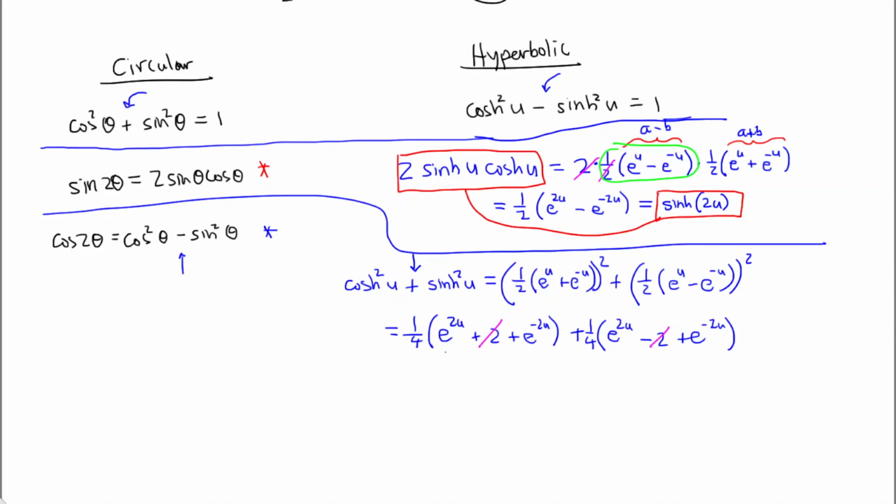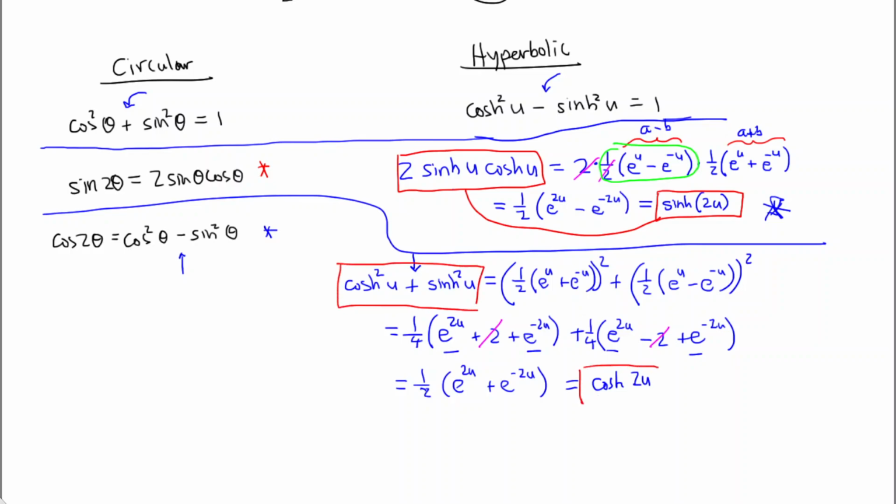Otherwise, I have identical terms going on here. So I have a 1/4 plus a 1/4 of those. That gives me 1/2 e to the 2u plus e to the minus 2u. And very similar to my explanation up here, this looks exactly like our cosh definition, except I have 2u instead of u. So yes, indeed, just like we may have guessed, the cosh 2u identity reminds us of the cosine 2 theta identity from trigonometry, except we trade off a plus sign for a minus sign.